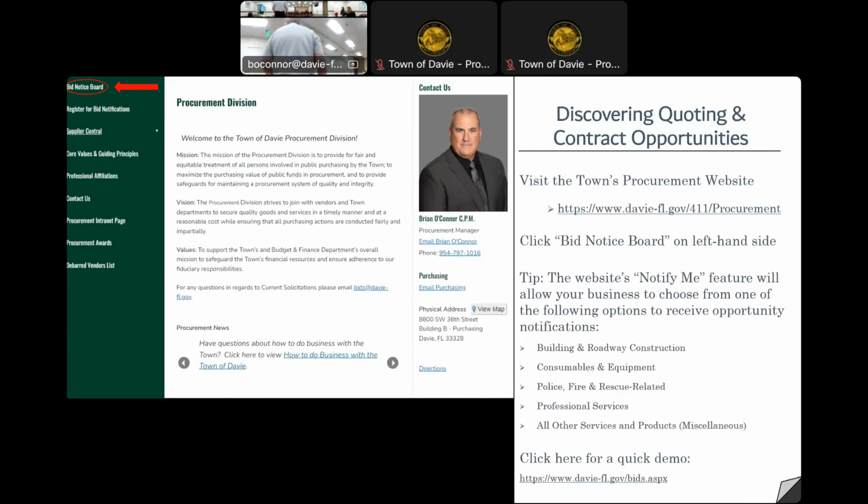Our town website is one of the things we have here. At the top left-hand side is a bid notice board, and we'll walk through how we post our solicitations. There is a notify me button that gives you access to all of the types of solicitations, or you can break it down into categories.